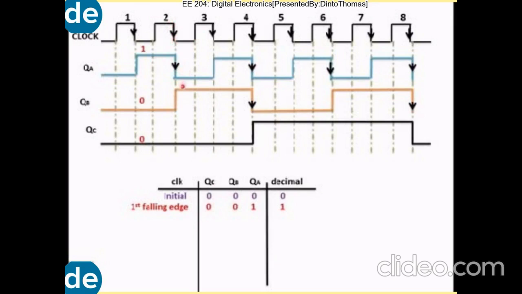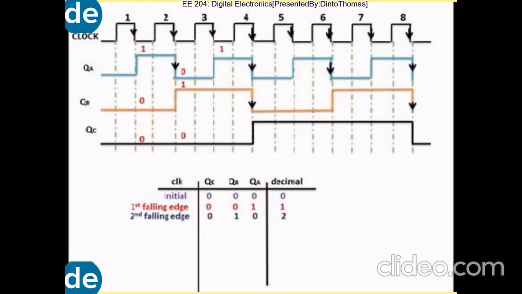On the second falling edge, the values can be obtained similarly. You can see QA is 0, QB is 1, and QC is 0, which is 0, 1, 0, indicating a decimal value of 2.